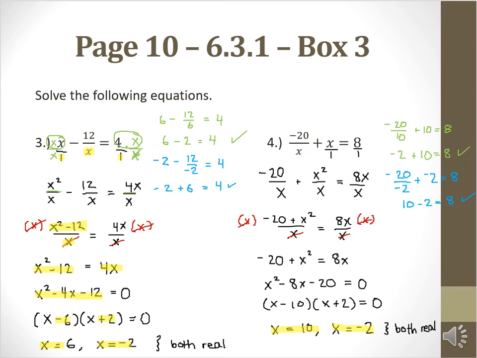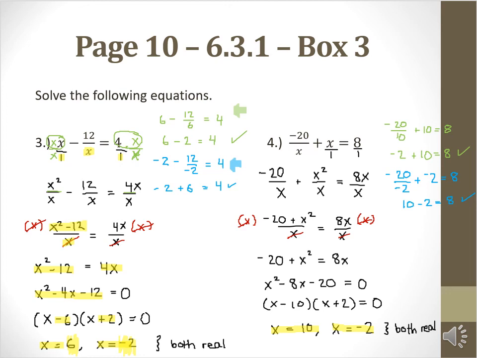And then flipping the factors to get the final solutions, we got x equals 6 and x equals negative 2. Up here in green and in blue, you can see where I have plugged those numbers back into the original equation, plugging in x equals 6 and x equals negative 2. And both of them end up giving true equations, so they are both real solutions.